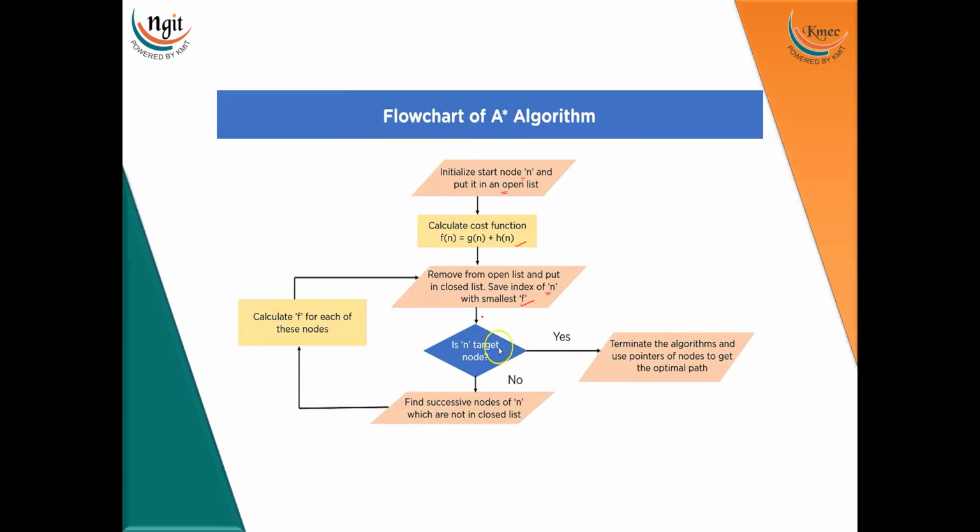If n is the target node, we terminate the algorithm. Otherwise, we find the successor nodes of n which are not in the closed list, and calculate f for each of these nodes. This loop continues until we reach the goal node.